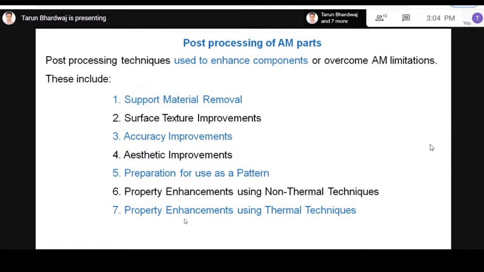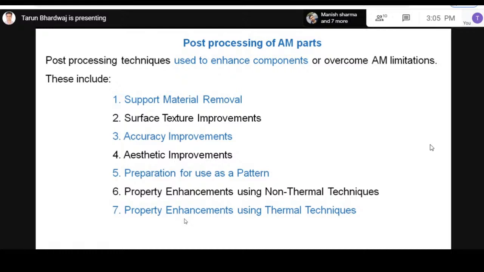If we have some support material in it, how can we remove it? If we use a hammer, there may be a chance that it will create a defect in the part also. So we have to use a support material that has a lower melting point, so that we can melt it down. Suppose we are using wax, then we can melt it down easily and remove it.